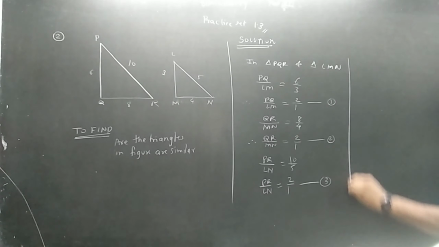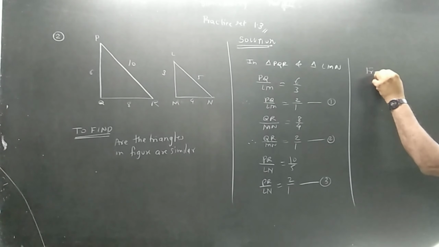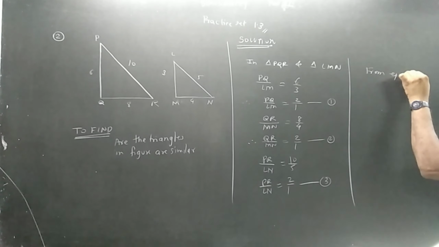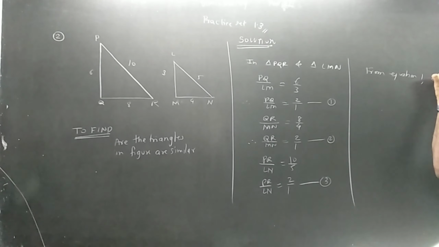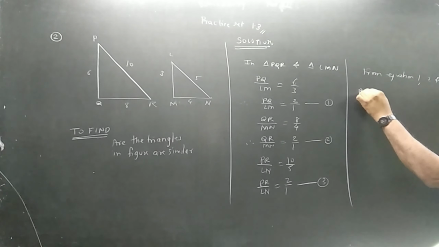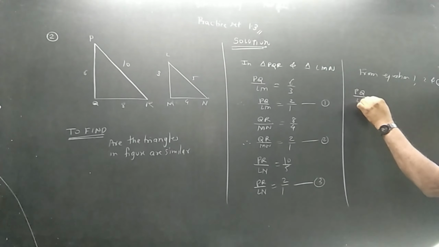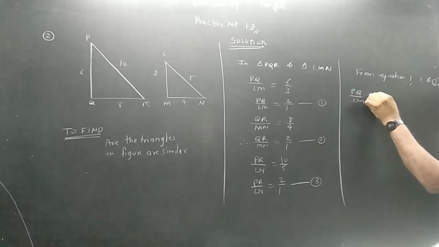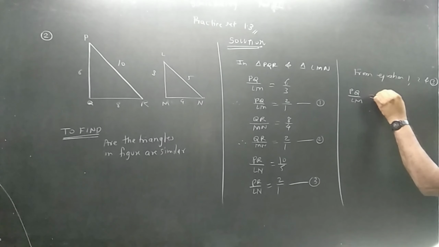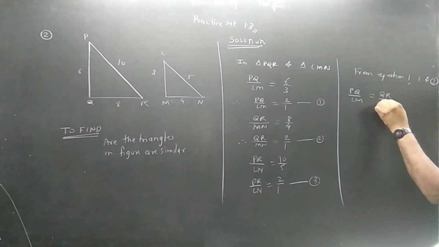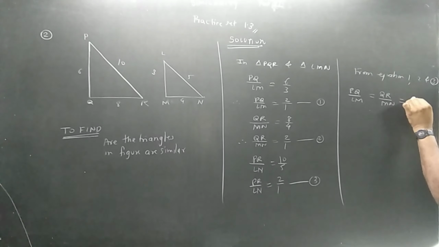So I can write from equations 1, 2 and 3 that PQ upon LM is equal to QR upon MN is equal to PR upon LN.